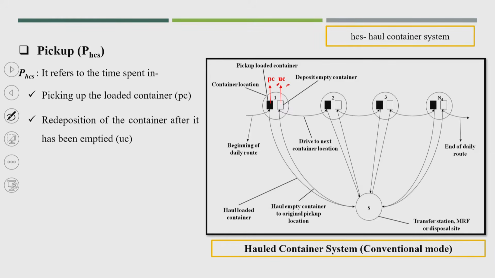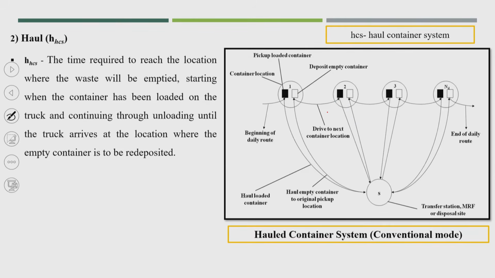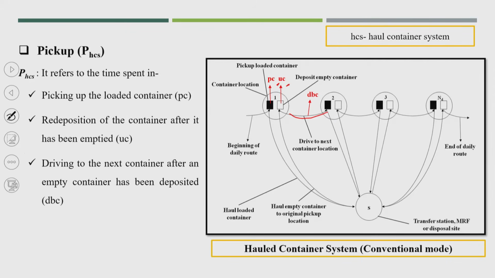Then there is driving to the next container after an empty container has been deposited, which is the DBC value. The sum of these 3 unit operations is called the pickup time, PHCS, that is PC plus UC plus DBC.